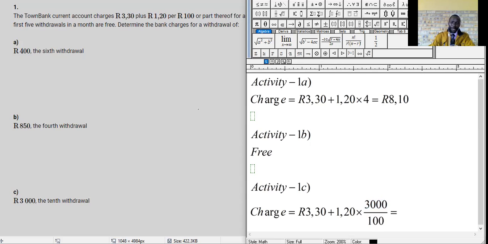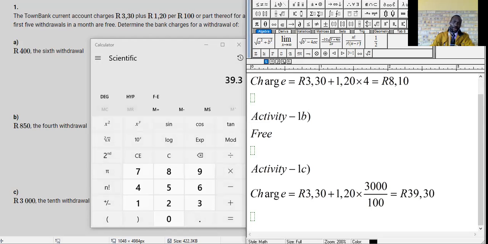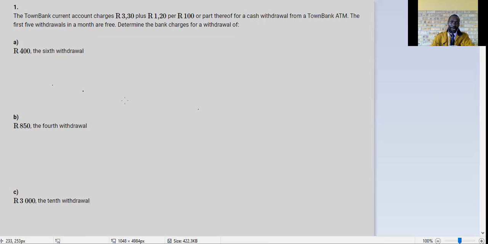Well, using our calculator, first clear, this is going to be 3.30 plus 1.20 times 30. And that gives us what? 39 rands. That's quite a lot, right? This is going to be 39 point 30, or comma 30, like that. So that is going to be the charge for this fellow.